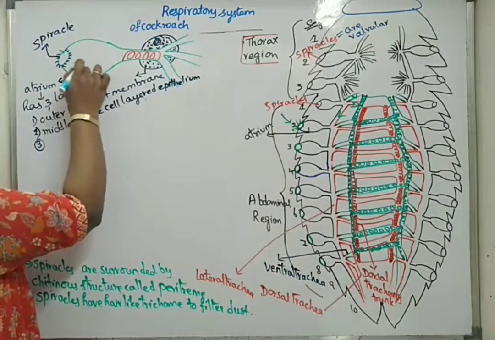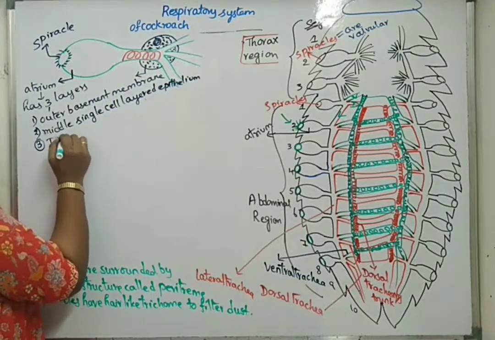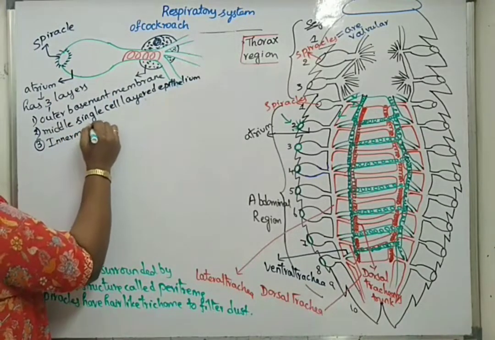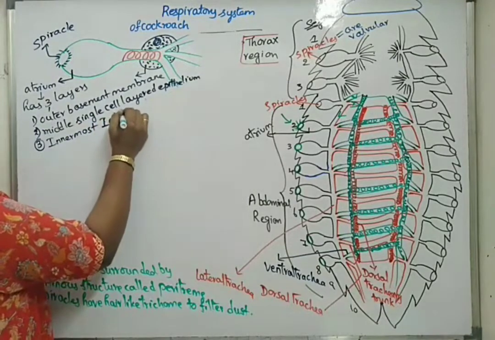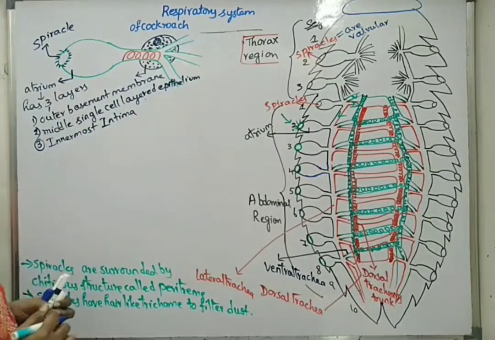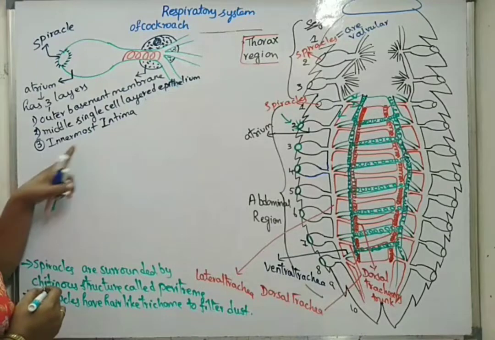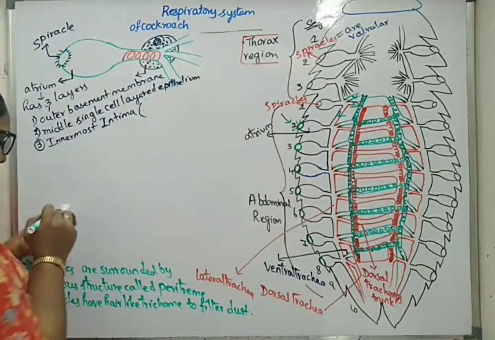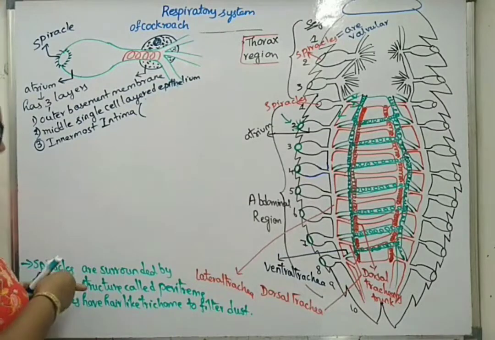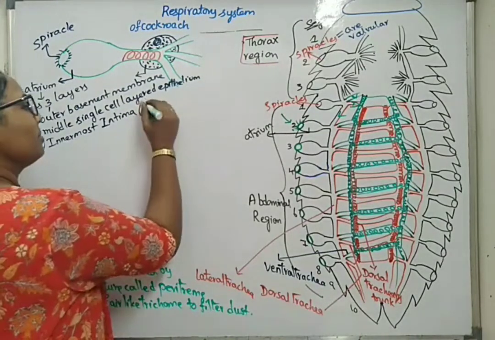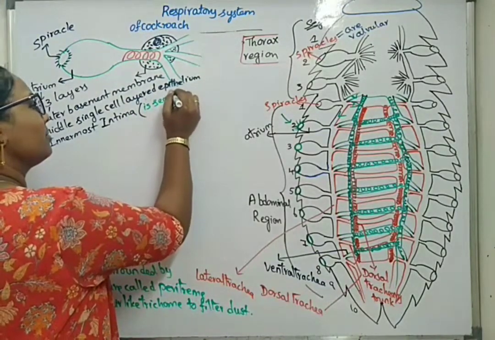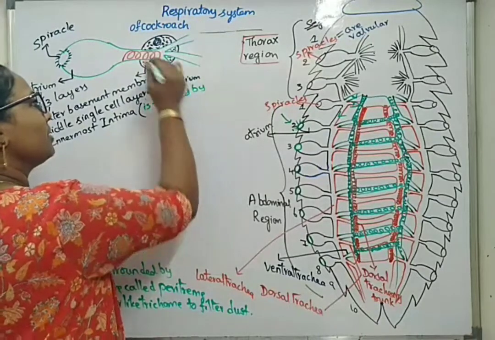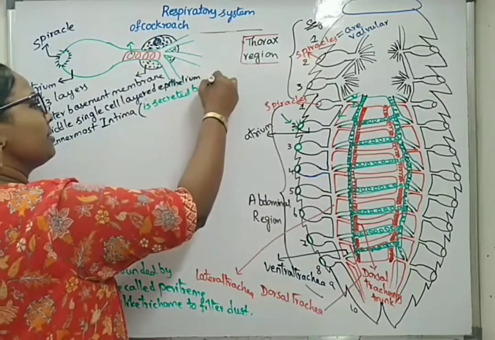Third one, innermost layer is intima. Intima is secreted by, innermost one it is secreted by this spiracle thickenings. This one, spiracle thickenings.